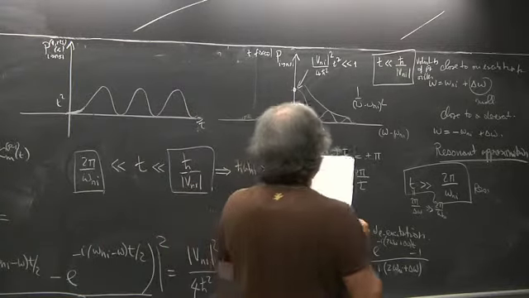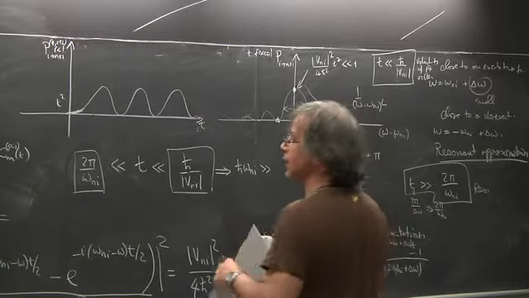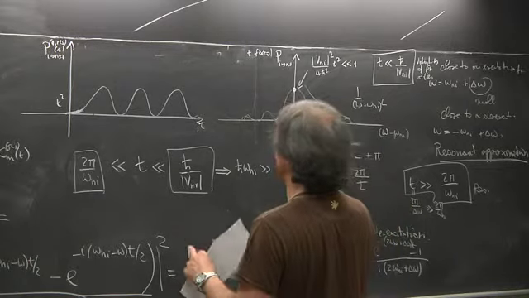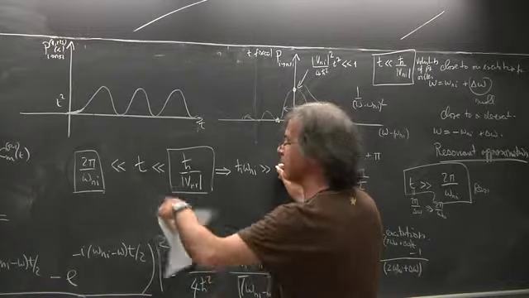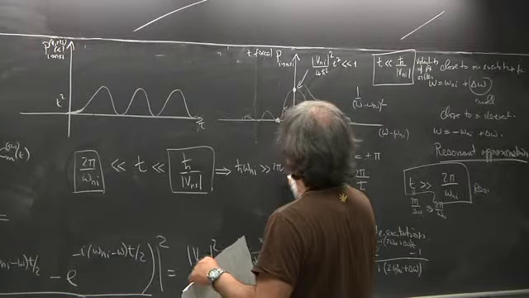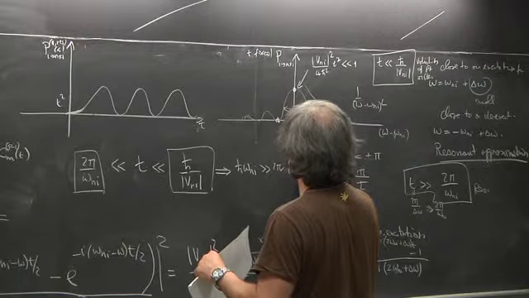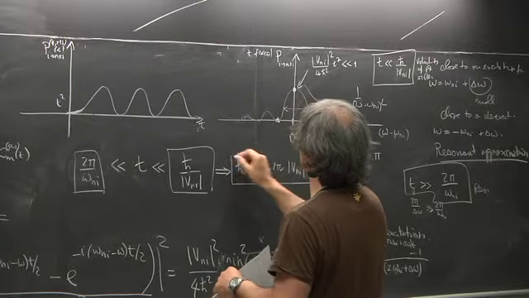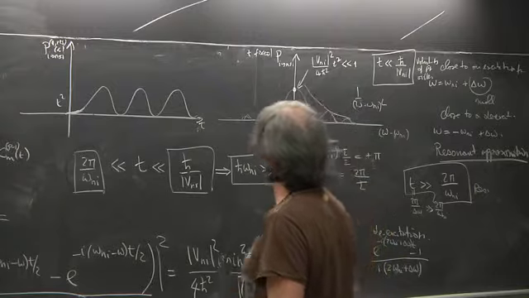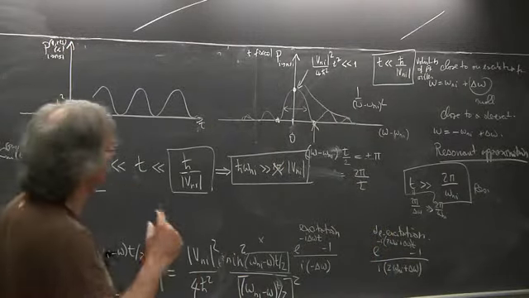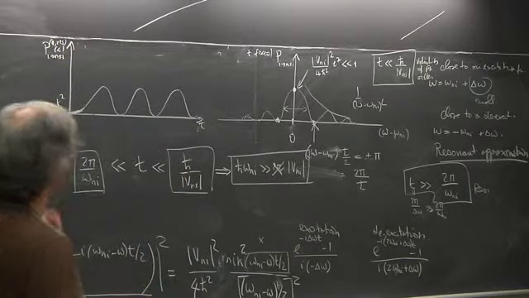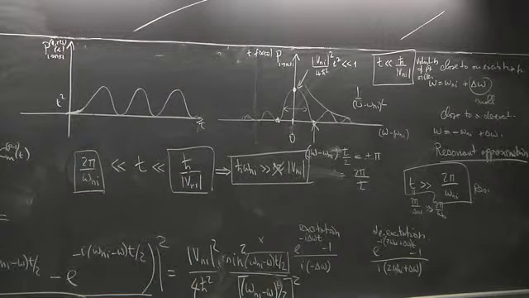Much larger than, well, there are 2 pi's, evidently not particularly important, strictly speaking, from this I would have a 2 pi V n I. You can drop the 2 pi if you want. So the excitation frequency has to be much larger than the matrix element that couples the two things.